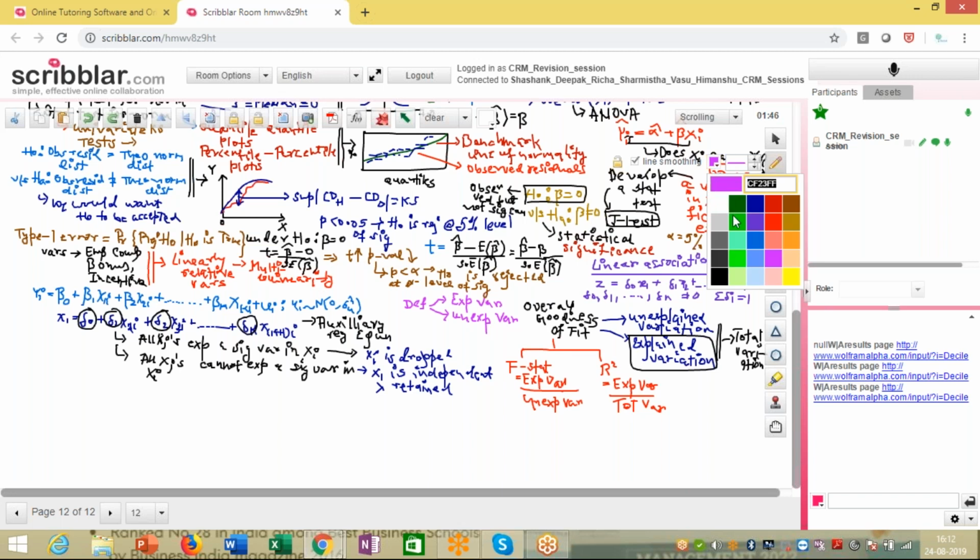To define the explained variation, unexplained variation and total variation, we need an understanding of the concept of sum of squares. It is this sum of squares which serves as a measure of the variation.